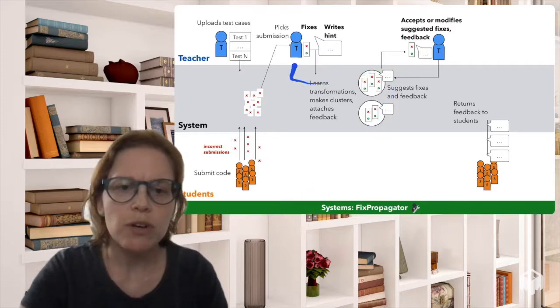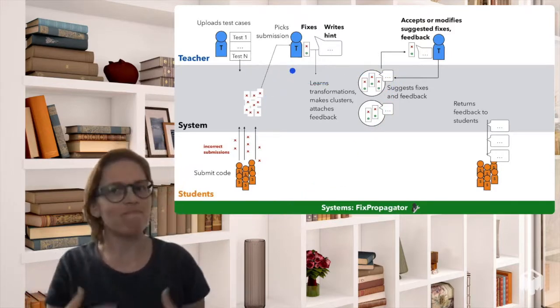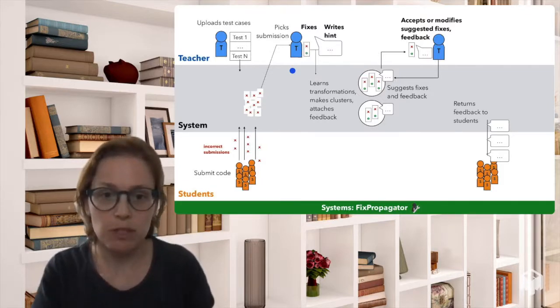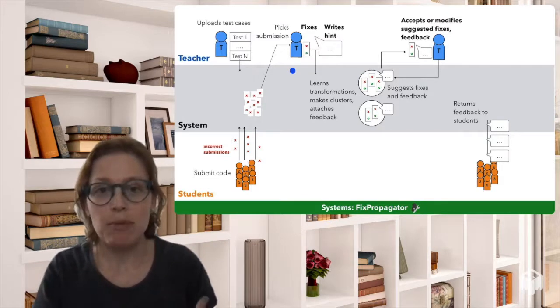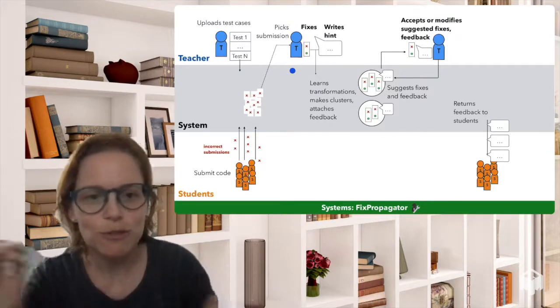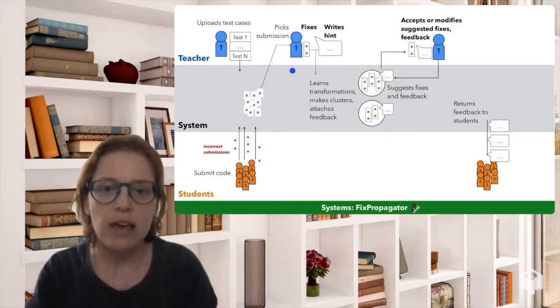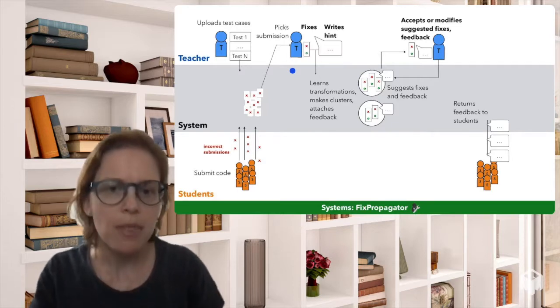The teacher is going to pick an incorrect submission and demonstrate what fix they would apply to that student submission, as well as what conceptual hint they might provide. Like, "Hey, remember lecture 5? It's not right to do the following."